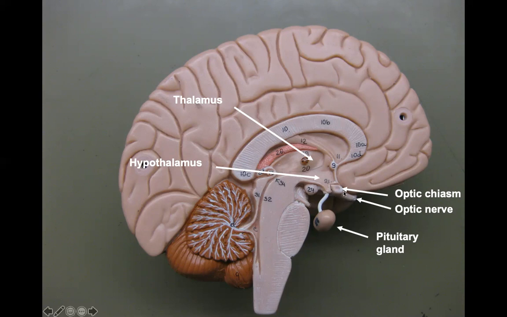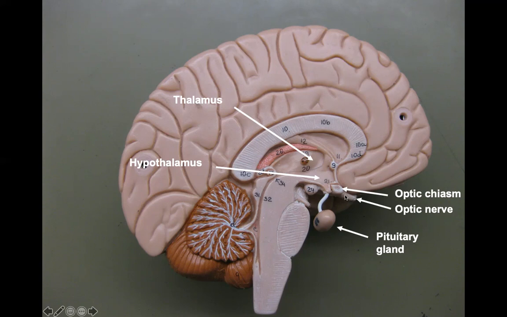Right where the hypothalamus is located, you have the optic nerve coming in. So imagine if you were looking at the brain and the eyes, your eyes would be sitting right here. The optic nerve is the nerve that collects the data from your eye for your sense of vision. It comes running right here.